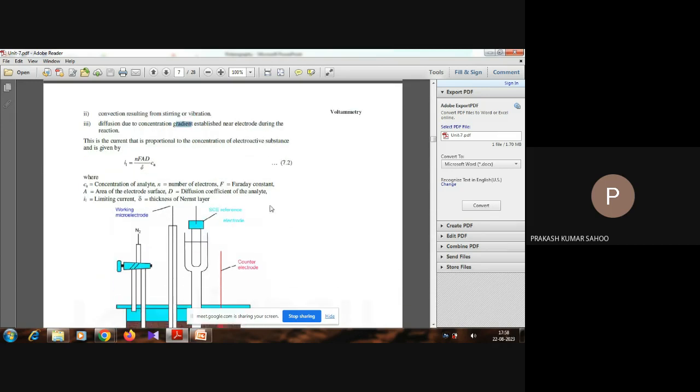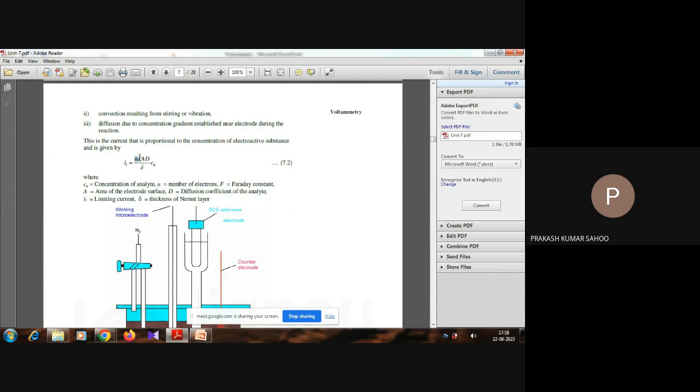Then we have one mathematical equation, that is I equals nFAD by delta into CA, where CA is the concentration, n is the number of electrons transferred, F is the Faraday constant, that is 96500 coulomb.